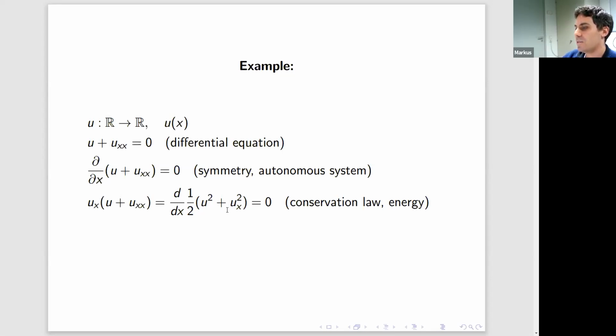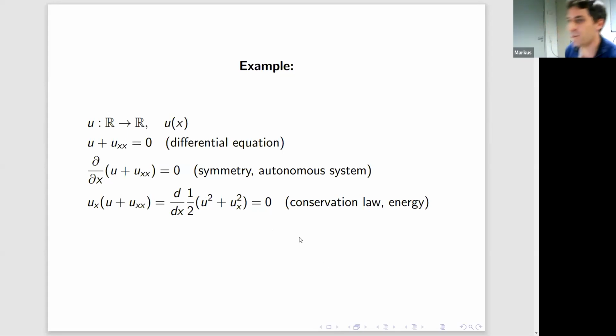So it's exactly this expression. And when you are on a solution of the differential equation, so when this term vanishes, then of course this whole term vanishes, and then you can easily integrate this expression, and this thing here must be constant on solutions of the differential equation.